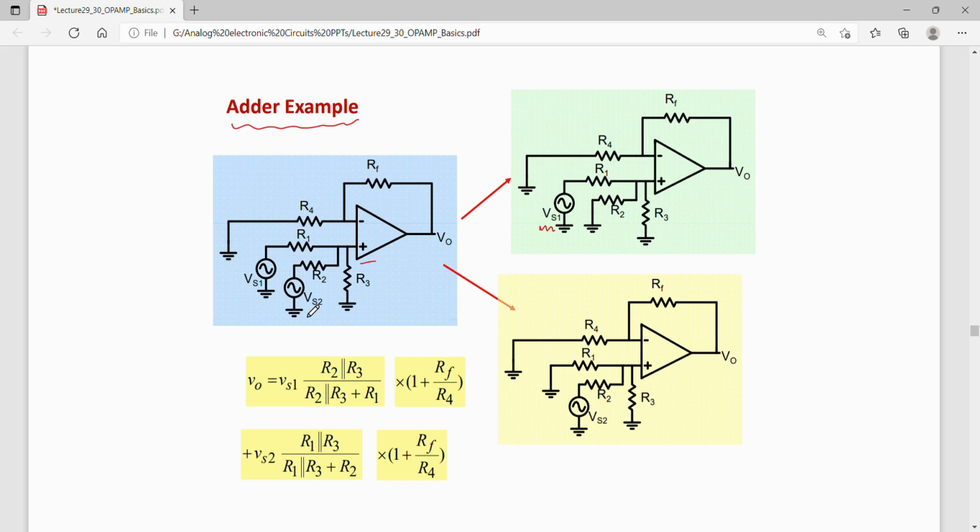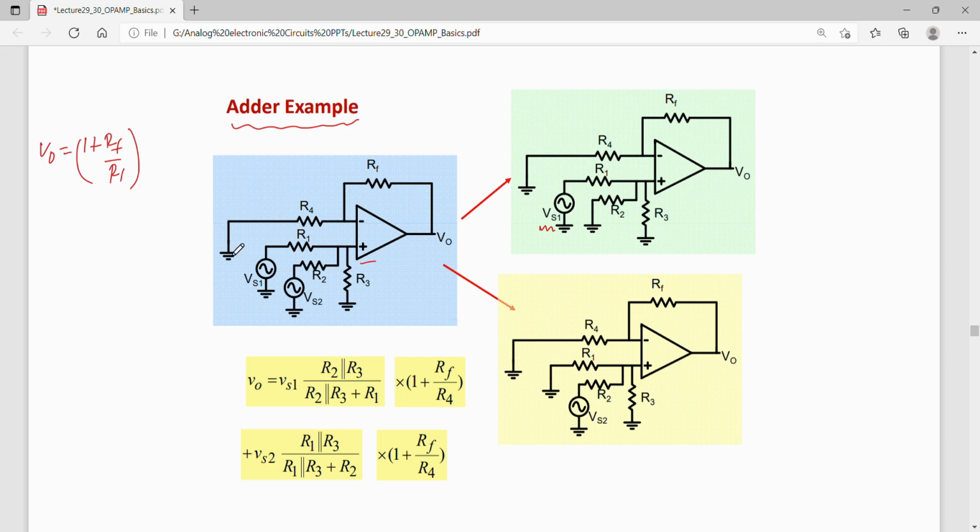For finding the output of this circuit, I'll again use the same relation, that is V0 is 1 plus RF by R1, if only Vs1 is present, or maybe only Vs2 is present.